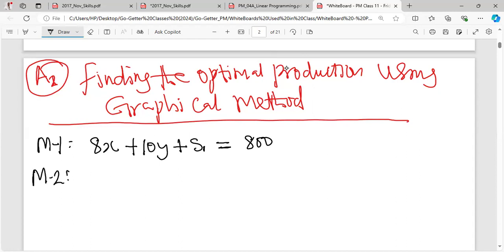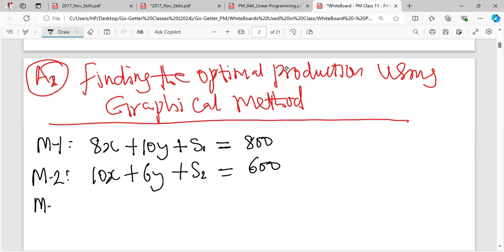Then you will come here, M2. If I remember clearly, this is 10x plus 6y. Now let's add a different slack for machine 2. The slack in machine 1 could not be the same slack in machine 2. But of course, this x and y are donut and meat pie. They are the same. But this slack is different for each of them. So we have S2, which is 600. Then we need to do the next one, which is this here.